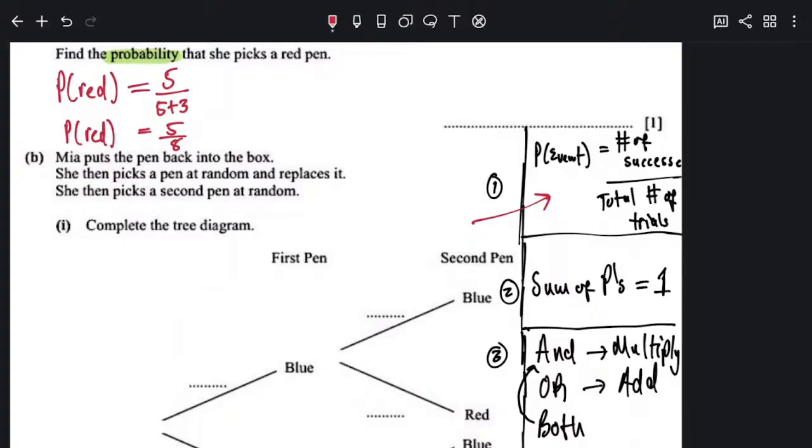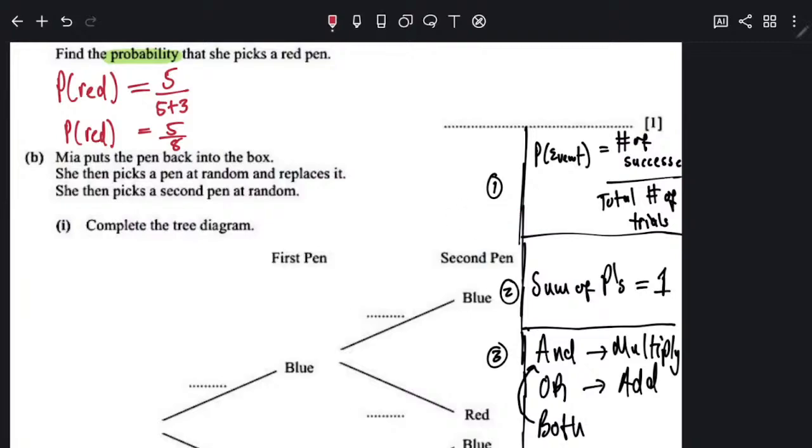Now, let's get to this one. I want you to know that this is the last type of question that you should be meeting, and things can change in this question. When you have somebody who is selecting or choosing more than one time, make sure you know whether they are replacing or not replacing. I'll show you what will change as we keep doing questions, so don't force things into your head.